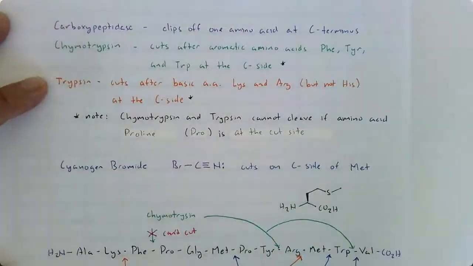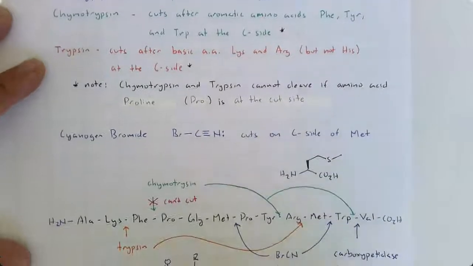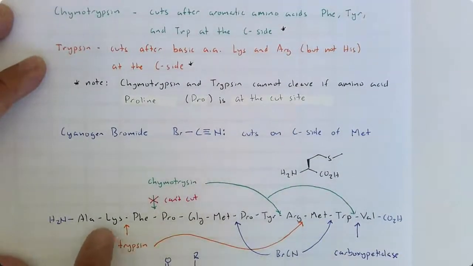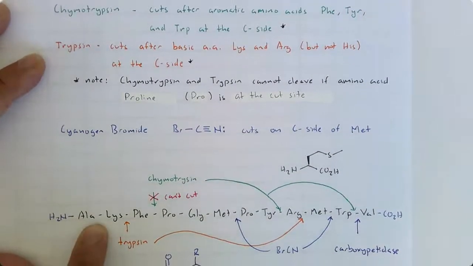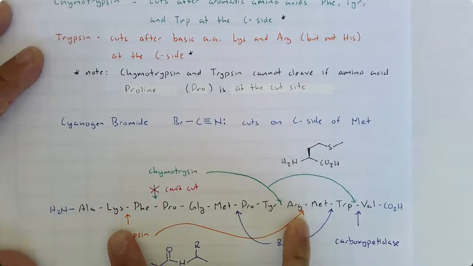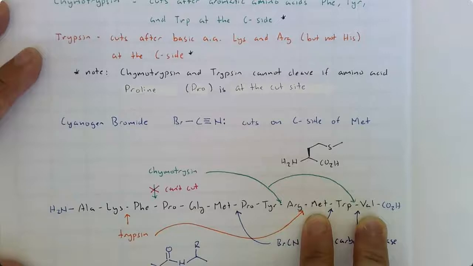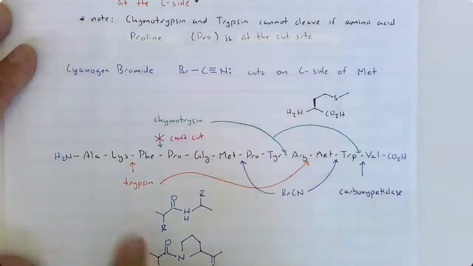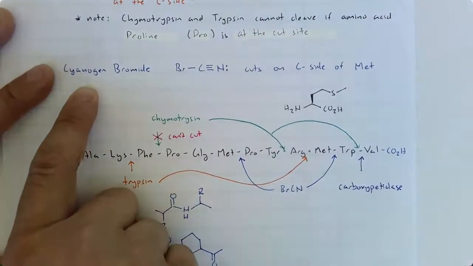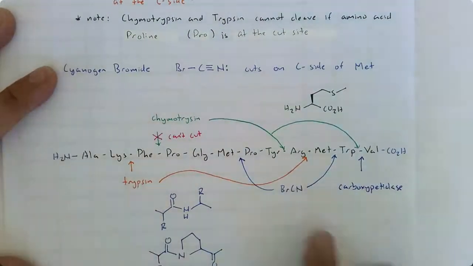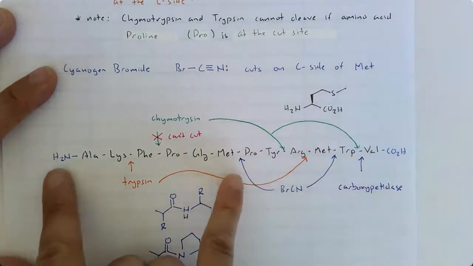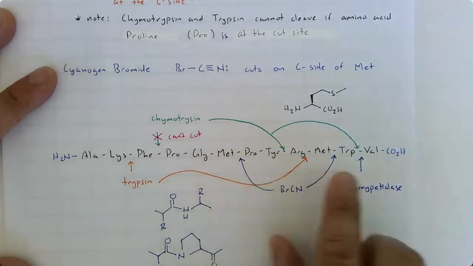Trypsin would cut twice in this case, so you'll have 1 fragment of a dipeptide, you'll have this fragment, and then you'll have a tripeptide fragment here. Again, same thing with cyanogen bromide, and it will cut twice, and you'll have 3 pieces as well, but different fragments.